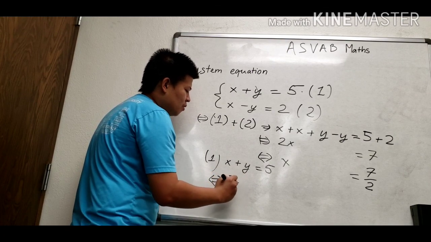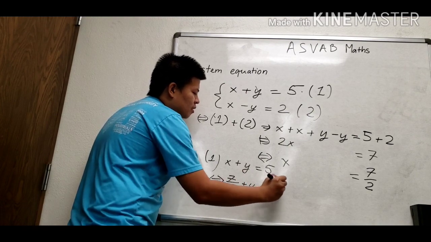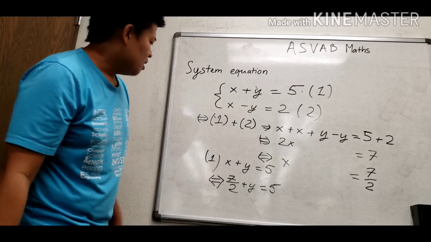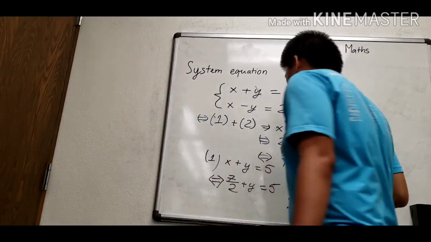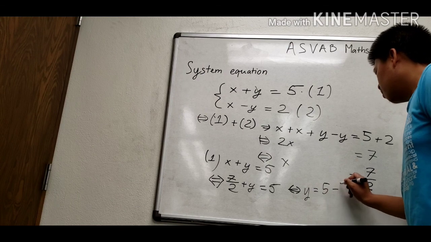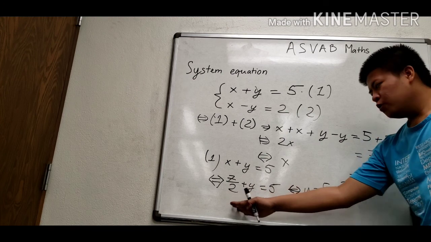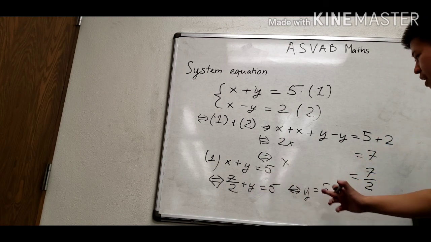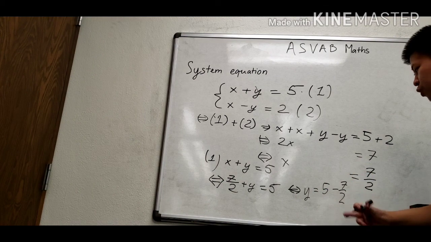We have 7 over 2 plus y. We have the basic equation, and we just put in here. When we move 7 over 2 to the right side, it will change from the positive number to the negative number. That's 5 minus 7 over 2.